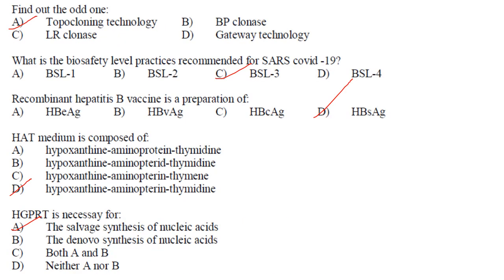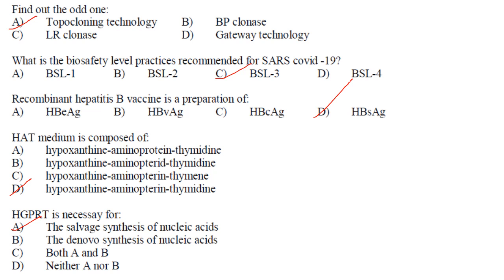The next one. Find the odd one out. Topo cloning technology, so it is a technology of cloning which does not require DNA ligase. BP clonase, LR clonase, gateway technology. So what is gateway technology?